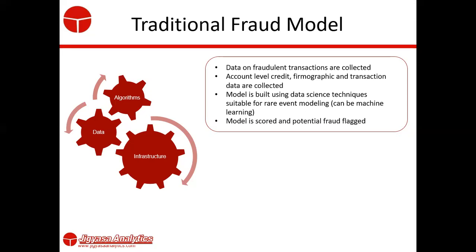Along with it, account level credit, firmographic, and transaction data are collected. Then the model is built using data science techniques. Okay. And these techniques have to be suitable for rare event modeling, can be machine learning. And then the model is scored and potential fraud is flagged. So that's kind of the way it works.